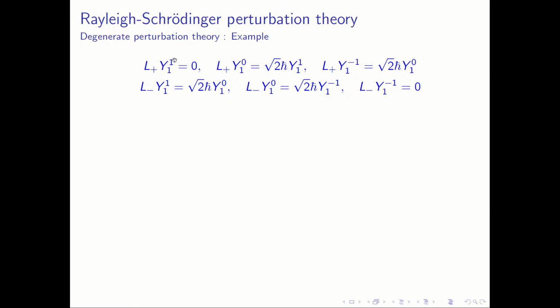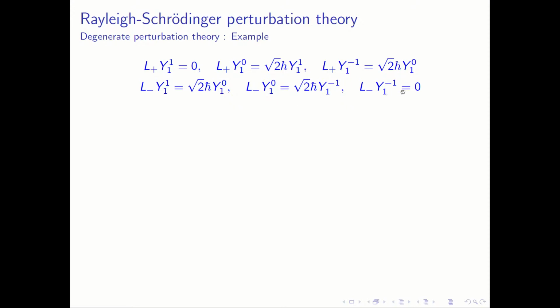L plus acting on the highest ML state, ML equal to plus 1 here, kills it, so you get 0. L plus acting on Y10 gives you a Y11. The factor root 2 h bar is something which we already know. We have already studied that earlier, but this is really root of J minus M into J plus M plus 1 h bar. And similarly, L minus lowers Y11 to Y10, lowers Y10 to Y1 minus 1, and of course kills Y1 minus 1.